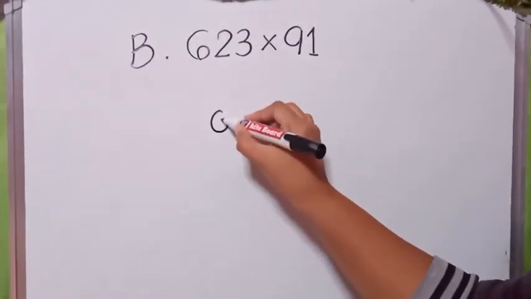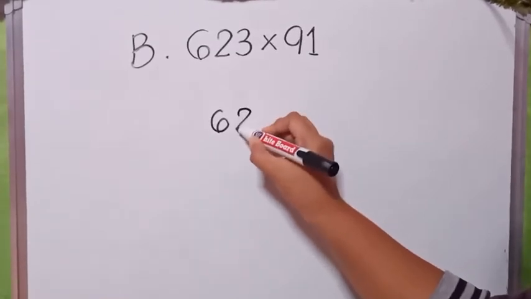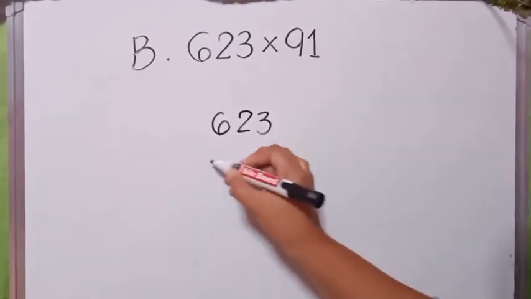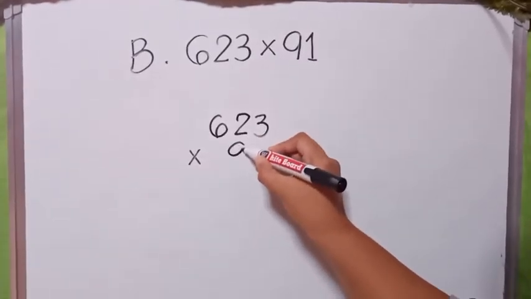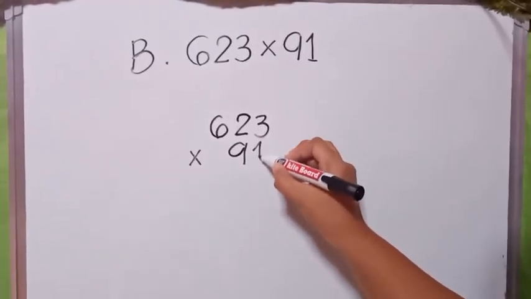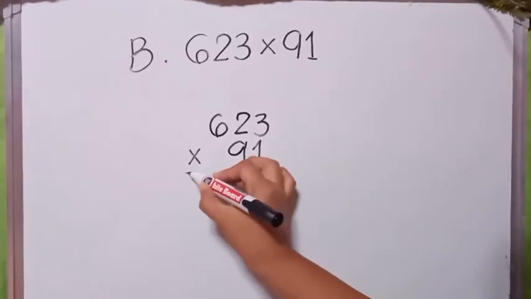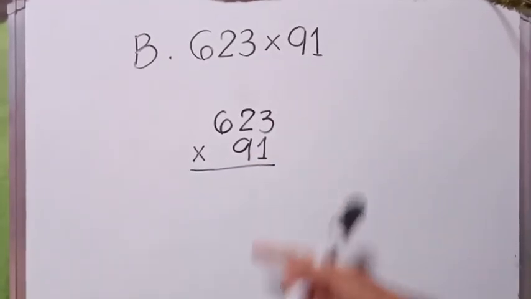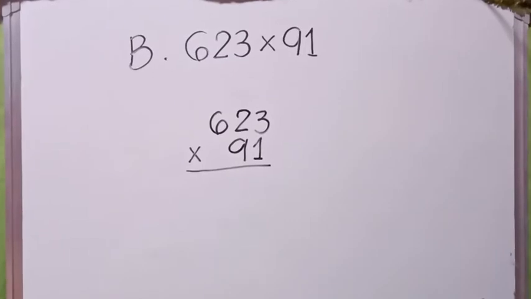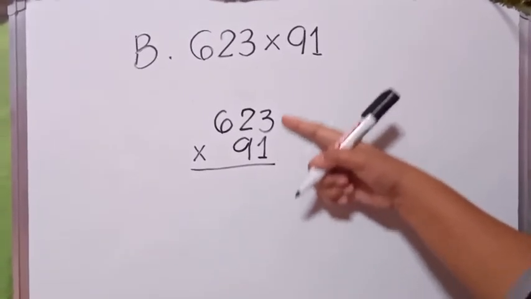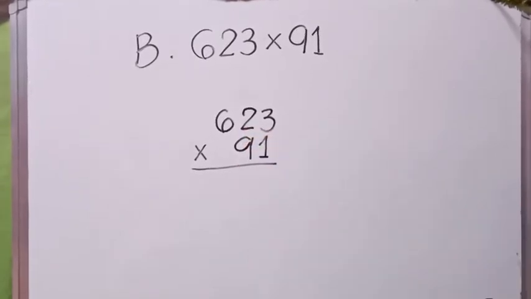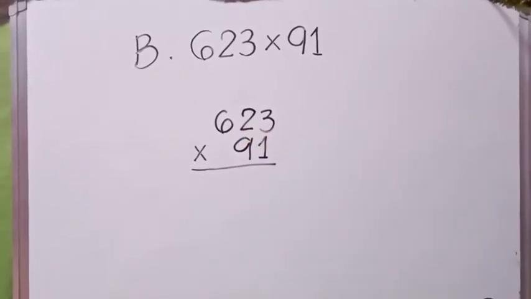So we have 623 times, please align it, 91. So now that we have aligned our digits to their right place value, our ones, tens, we can now simply multiply with each other.